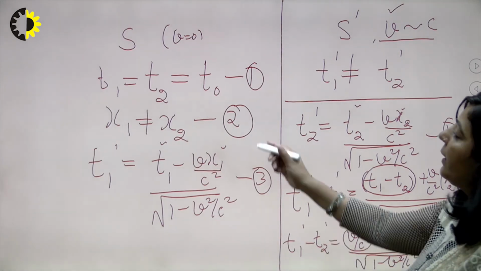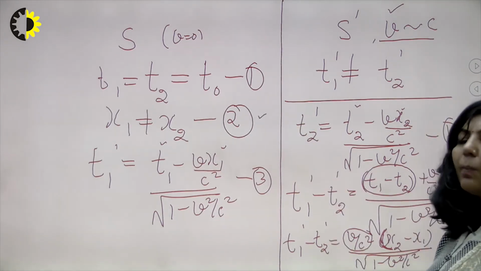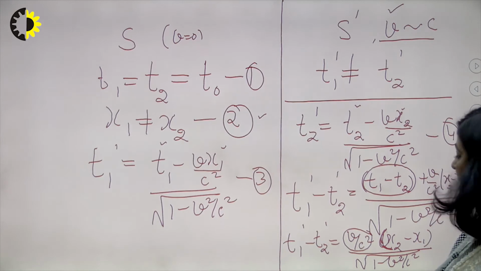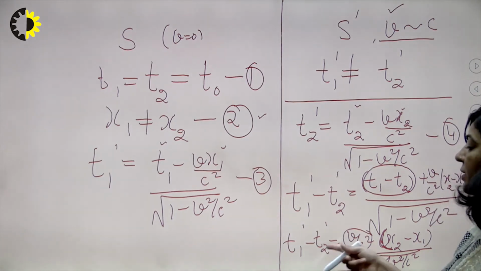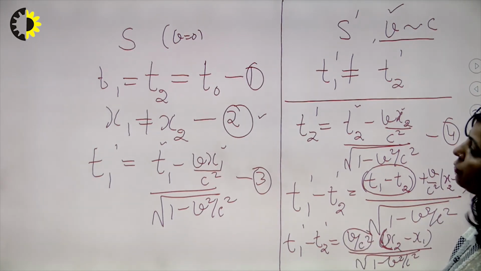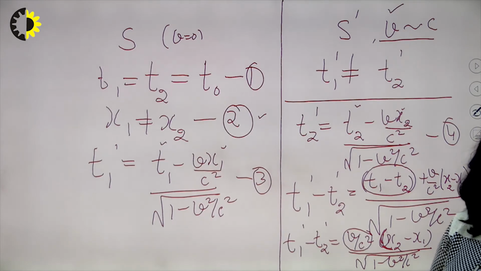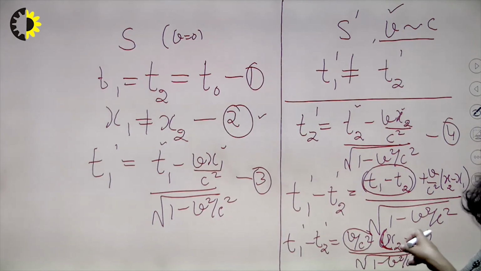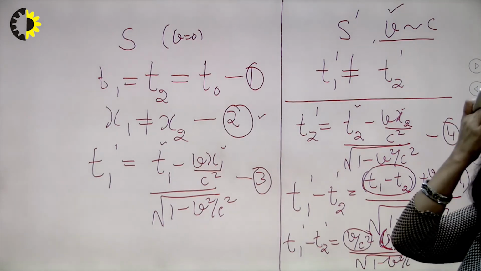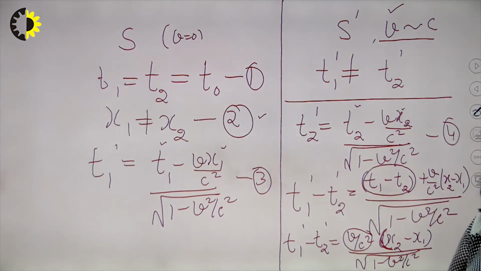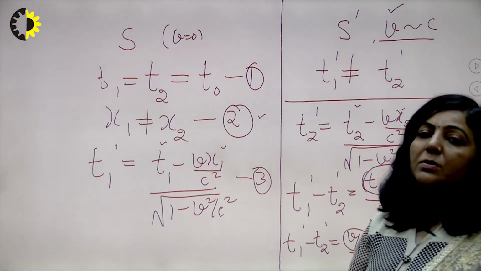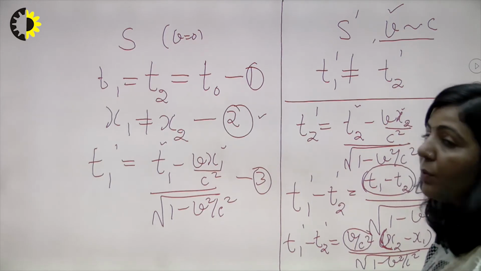And you know what the relationship between x1 and x2 is? Both are different. It means this t1 dash minus t2 dash can be 0 only if x1 is equal to x2, because there is no other condition under which you can get this t1 dash minus t2 dash to be 0.